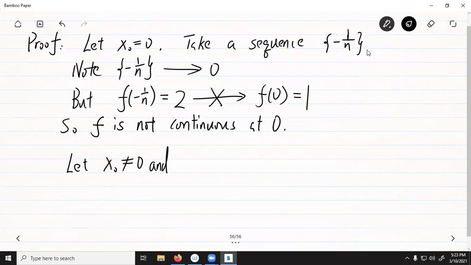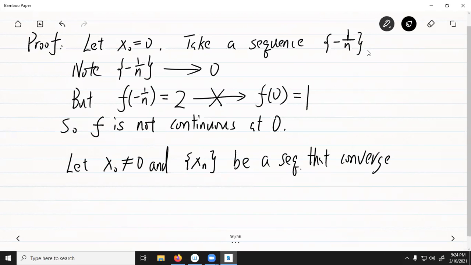And since we want to prove this is continuous, we need to use a general sequence, a sequence that converges to x naught.